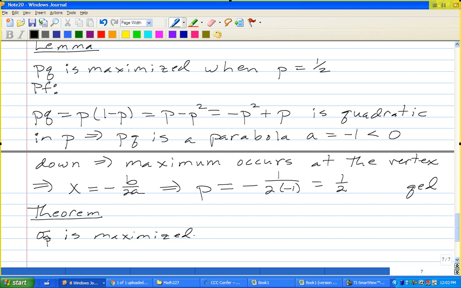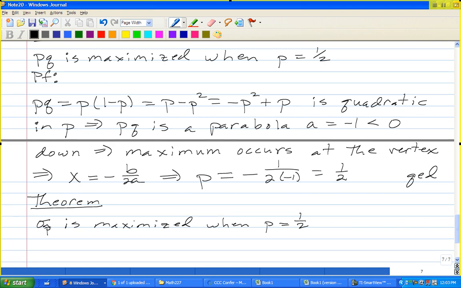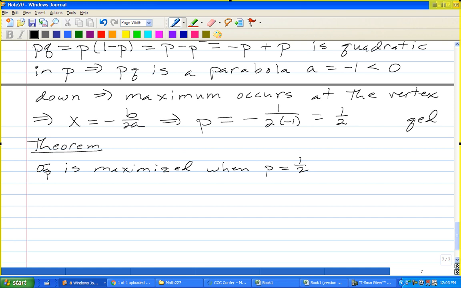The standard error is maximized when p equals 1/2. So the statement was that the standard error is maximized when p is 1/2. So here's the standard error. So let's show that this is maximized.